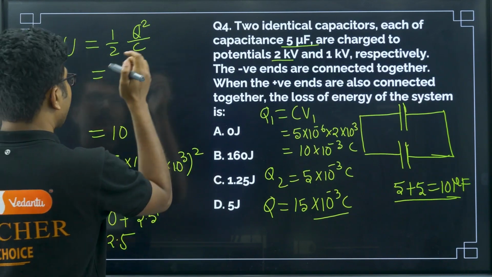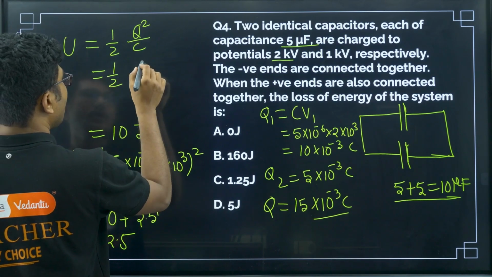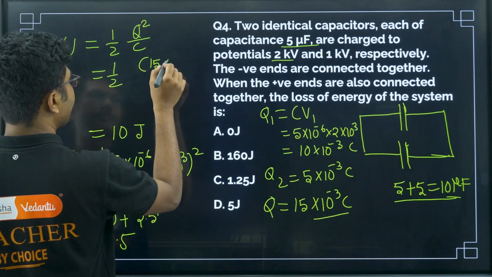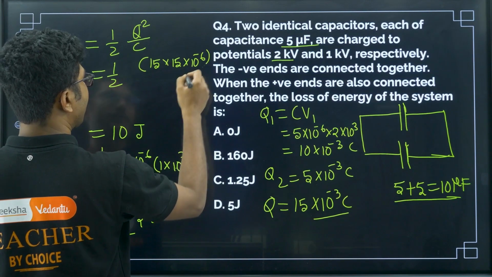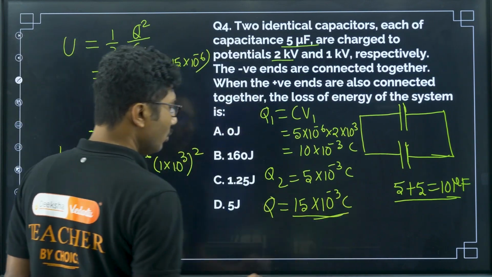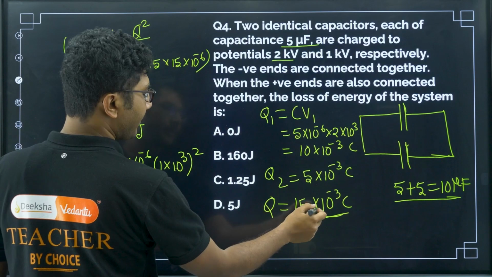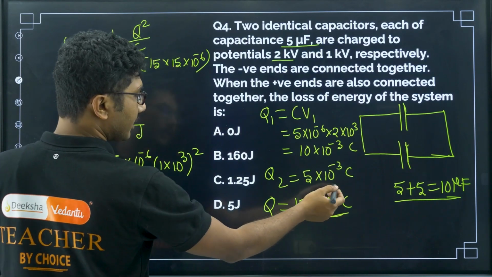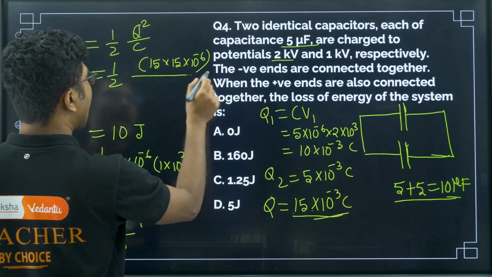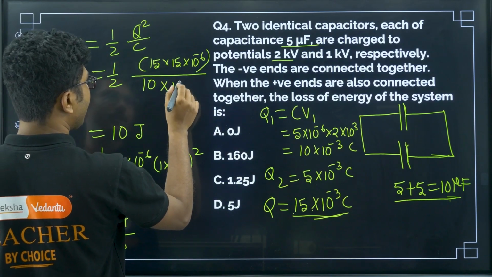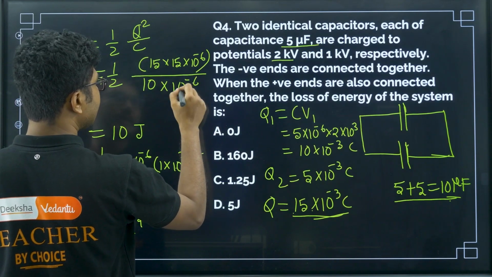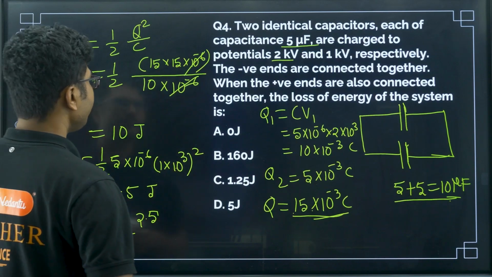Let us put the values: half times 15 times 15 times 10 to the power of minus 6, since Q square is there, 15 times 15 into 10 to the power of minus 3 whole square. So it will be minus 6, and the capacitance is 10 microfarad, which means 10 into 10 to the power of minus 6. So this will cancel.